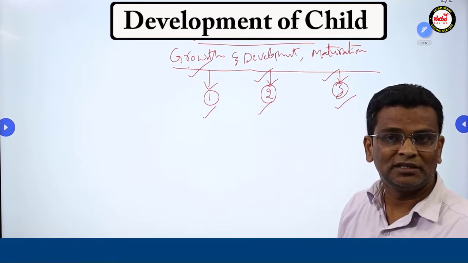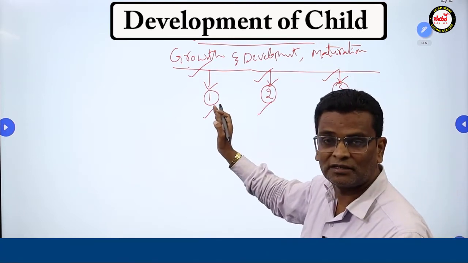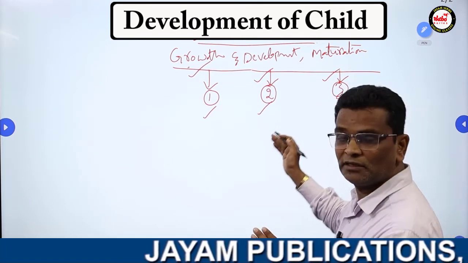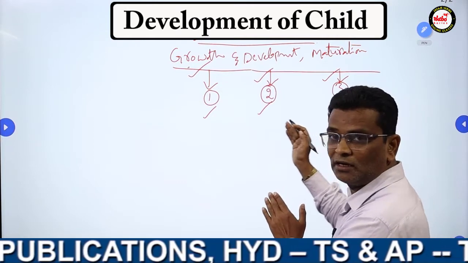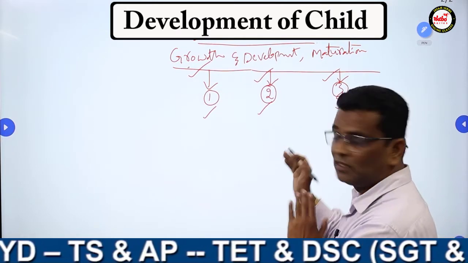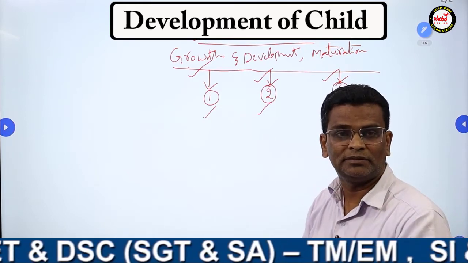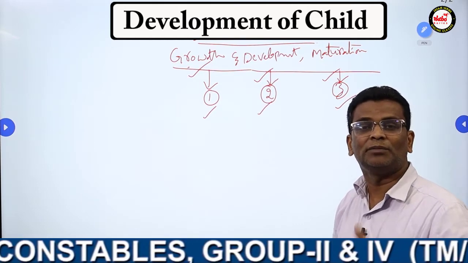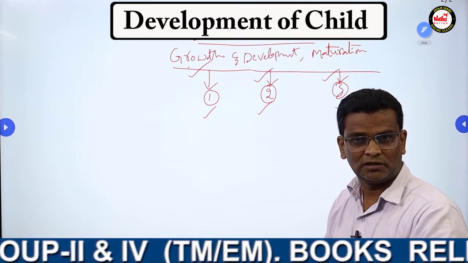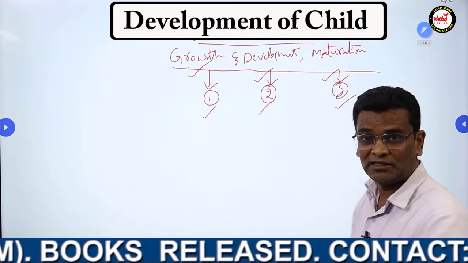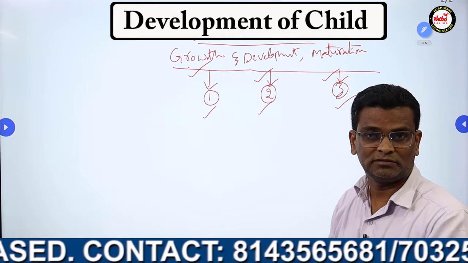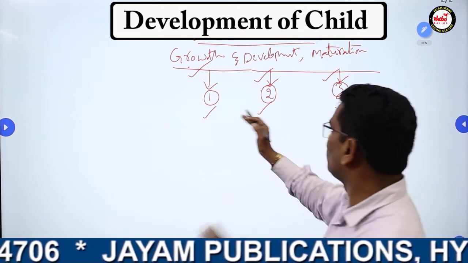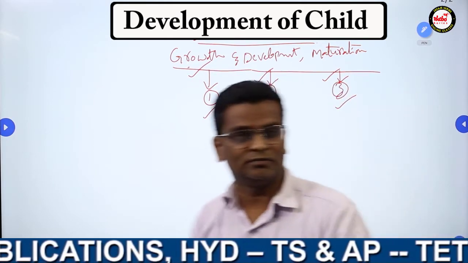In childhood he will act one way, in the adult stage he will act another way, and after getting some experience he will act in another way, just like a mature person. One by one, today we will discuss growth, development and maturation.